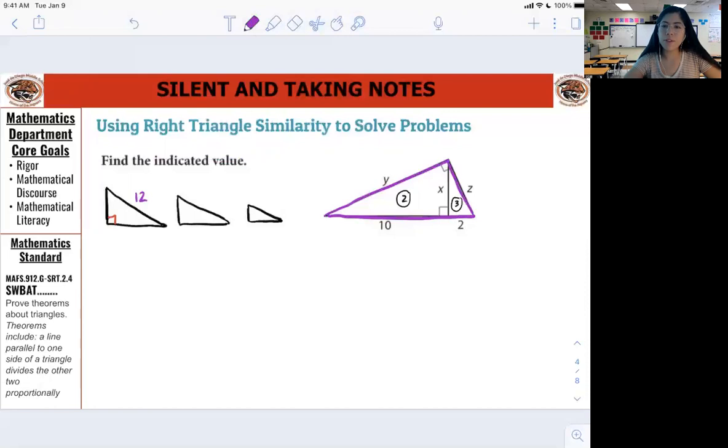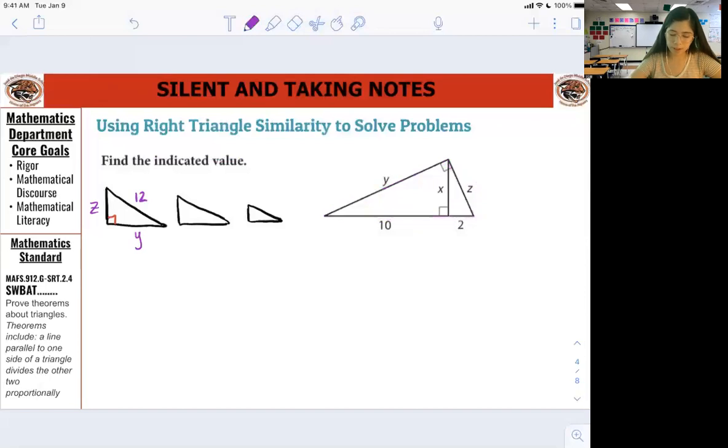You can just use your eyes. Good. The shortest side is this one right here, Z. Z is shorter than Y. Y and Z are the two legs of the triangle, and Z is much shorter. So my shortest side is Z, so I'm going to write that over here in the short end, and then the remaining one is Y. So that's my big triangle.